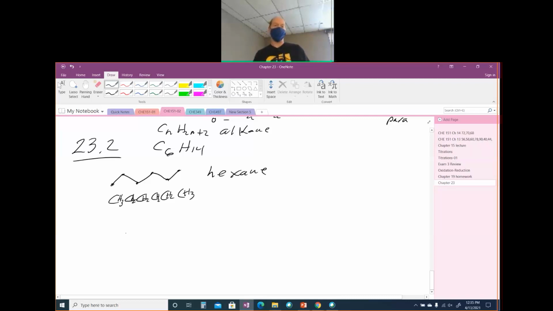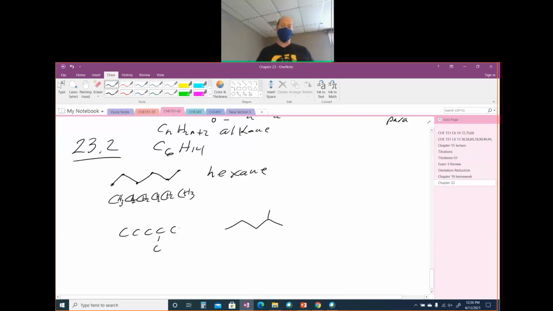And so then you got to go to 5. You can't put 1 at either end because then that would be 6 in a row, and that would be your hexane. So you can put it here. And if you're writing it in a line stick model, you can put it here. That would be the same thing.